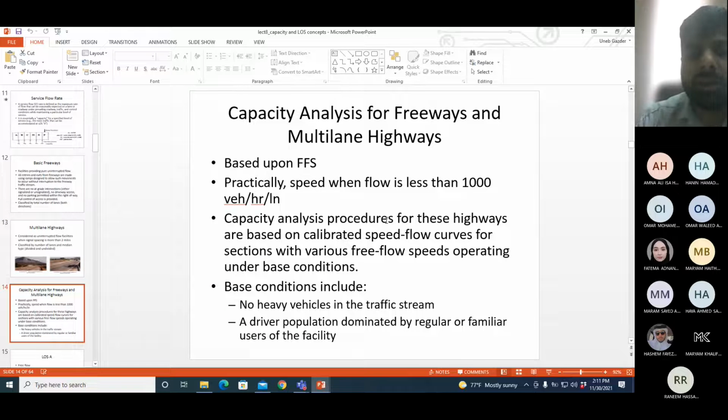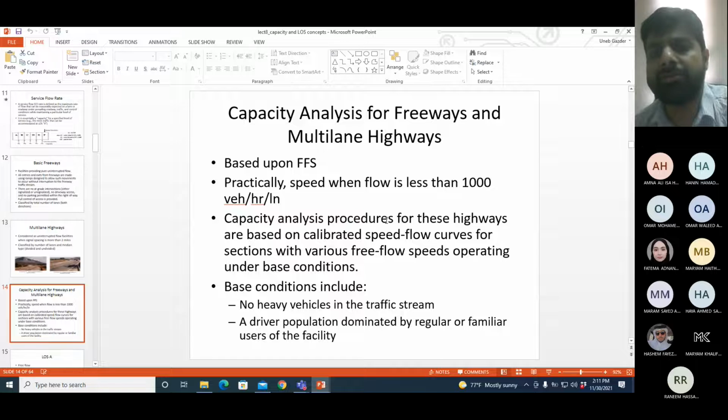For freeways and multi-lane highways, the main thing which defines their capacity is free flow speed. If you remember, I showed you a table on Sunday where the capacities of multi-lane highways and freeways were given, and they were changing with respect to their free flow speed. Now my question to you is, what is the relationship between free flow speed and capacity?